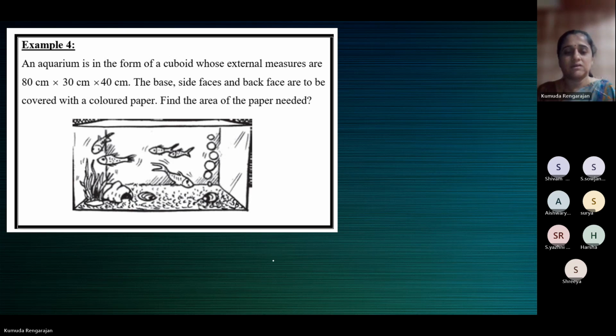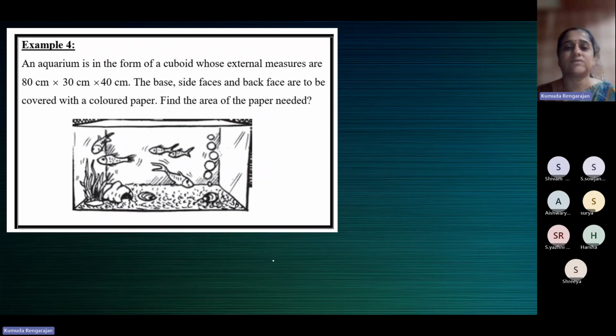How many side faces are there? Only 2 side faces. The faces are called top face, bottom face, left face, right face, front face, back face.